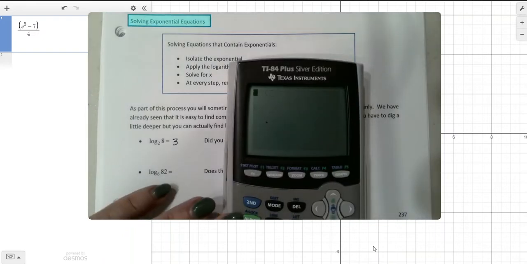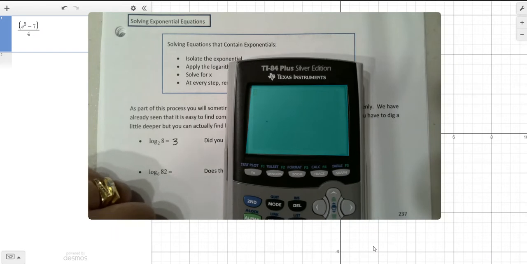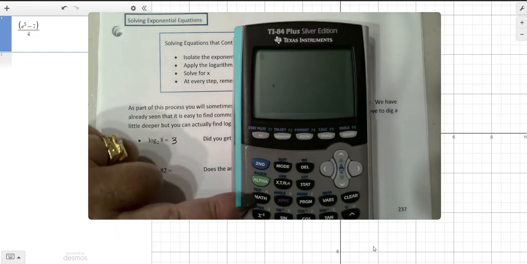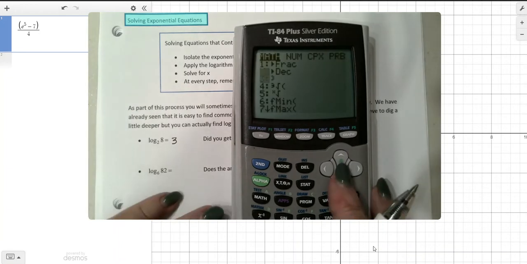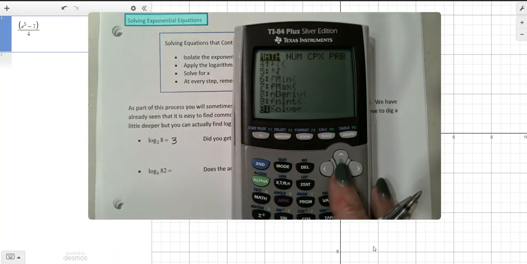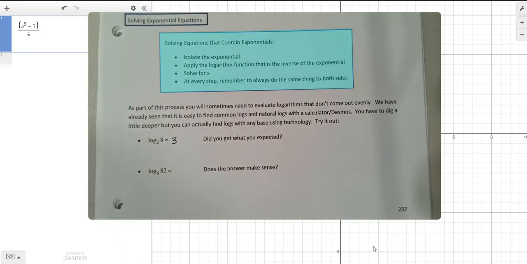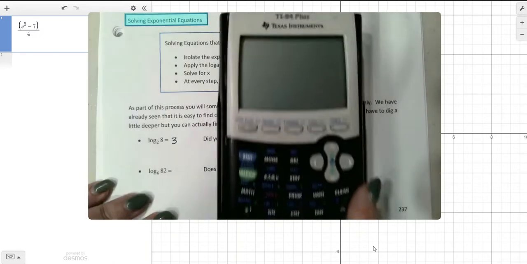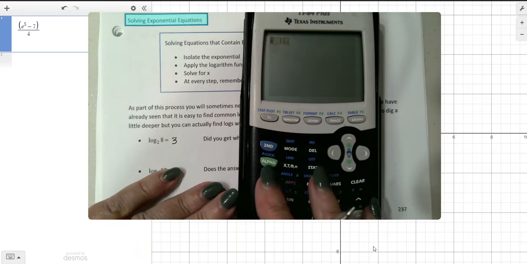If you're working with a graphing calculator like the TI-84, in the Math menu, right here, if you just scroll down far enough, hang on, I've got an older model. Let me see if I've got a newer one here. This wasn't on the old models.